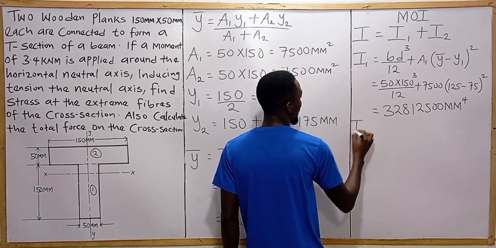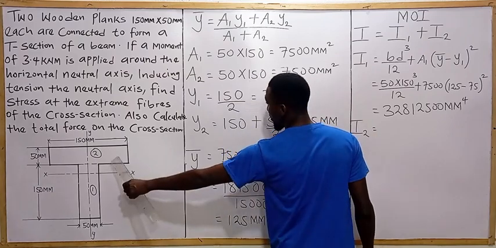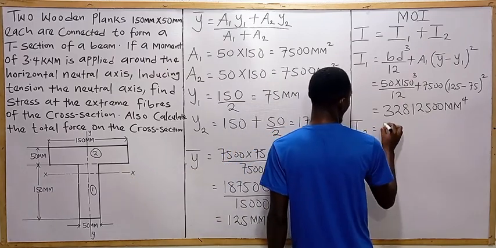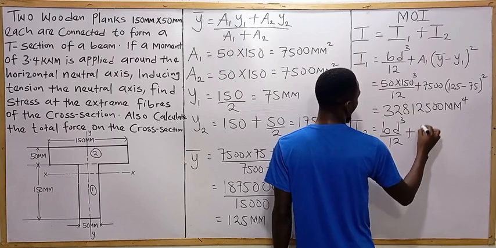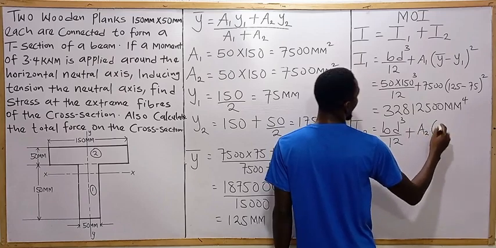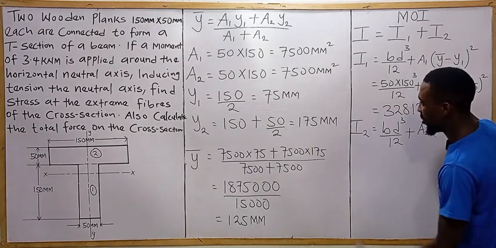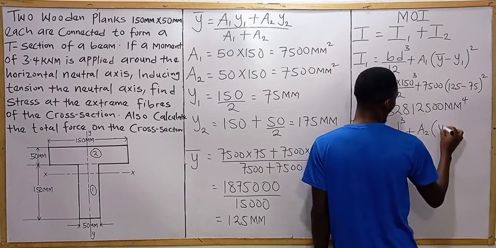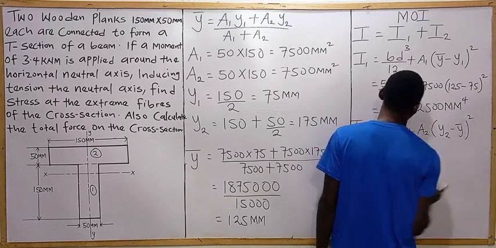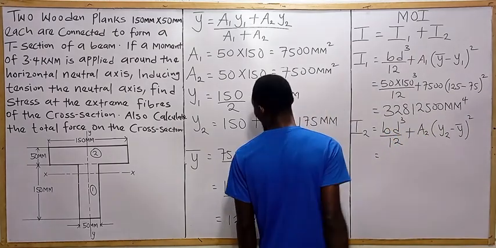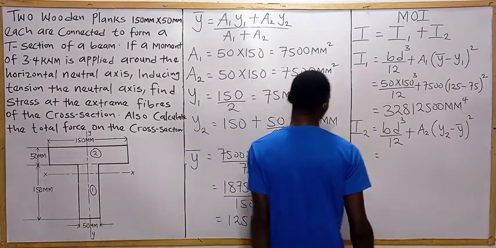Our I2 as well, the same thing, because it is also a rectangle and the formula remains the same. BD cubed divided by 12 plus A2 into, you will check between y bar and y2 which one is greater. Y2 is greater, so it's going to be y2 minus y bar, all squared. If you substitute now, the depth is 50 and the base is 150.